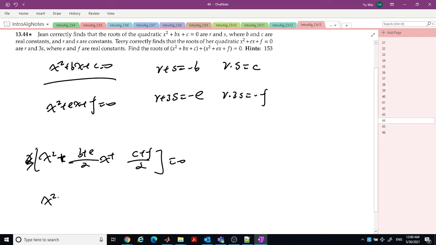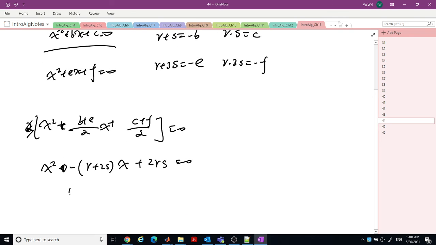Then we know x squared plus (b plus e) over 2 means the negative of r plus 2s, times x. Okay, then we add this one, right? As this one plus that together is 4rs, divided by 2 is 2rs, okay, equals 0.